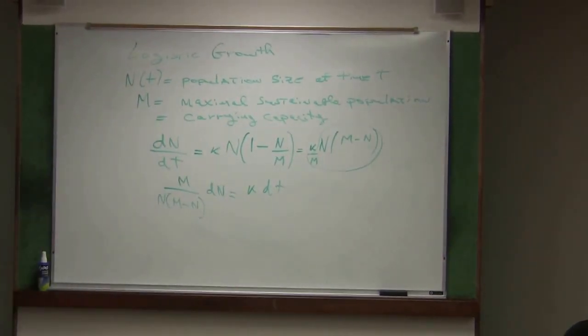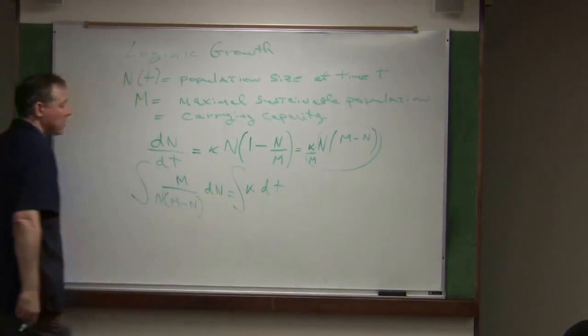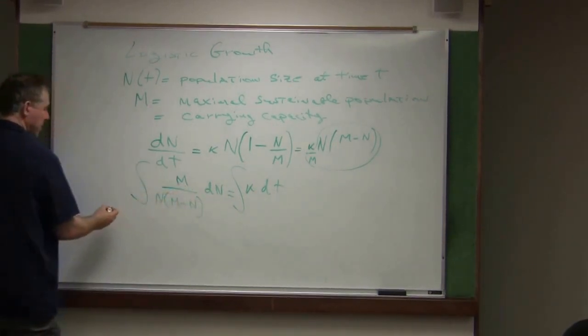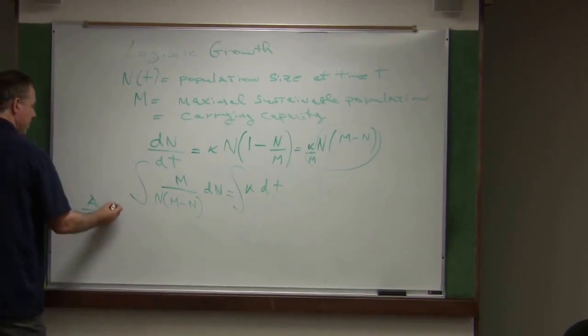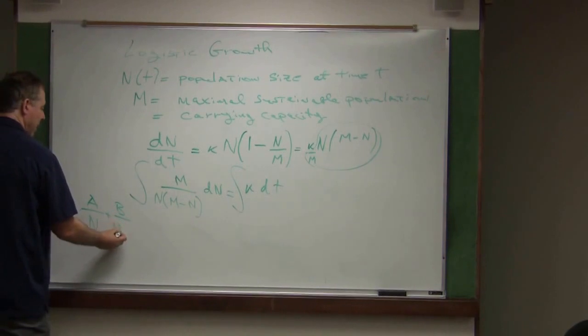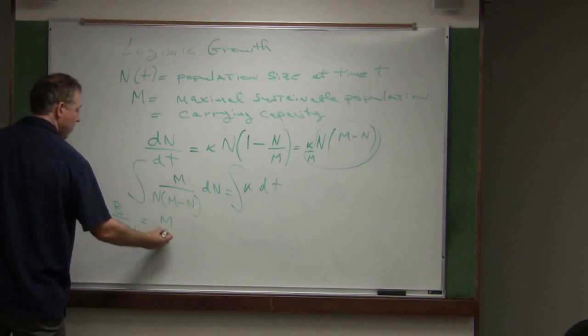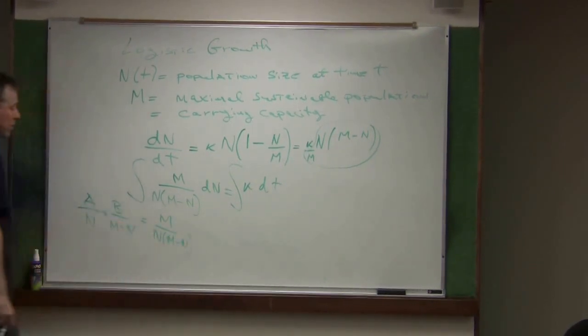We separated it, so let's integrate it. This is going to be a partial fraction: A over N plus B over (M minus N), and that's going to equal M over N(M minus N). Do the partial fraction for me and tell me what A and B are.